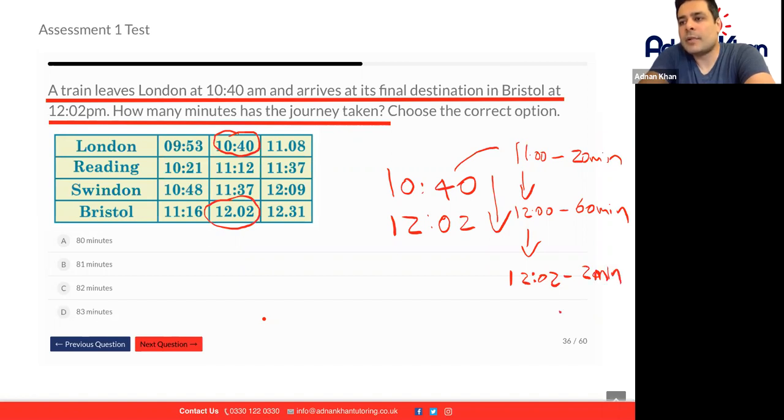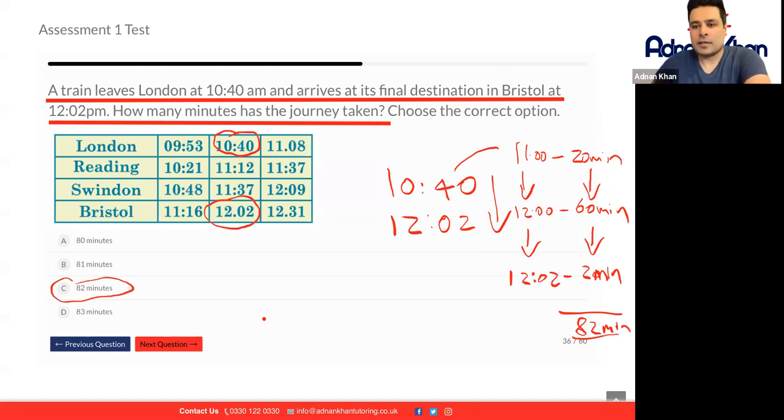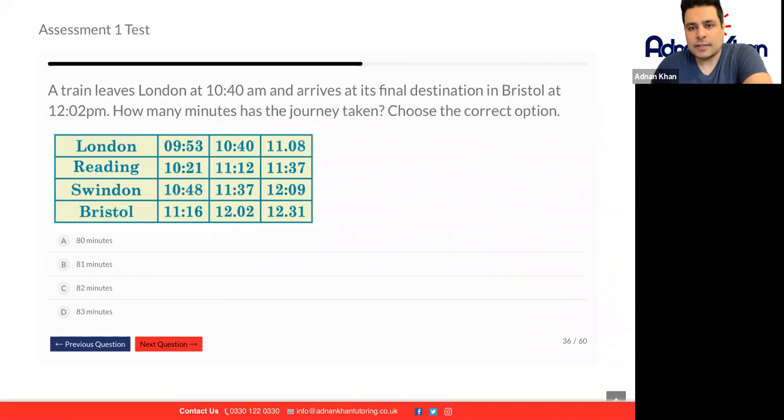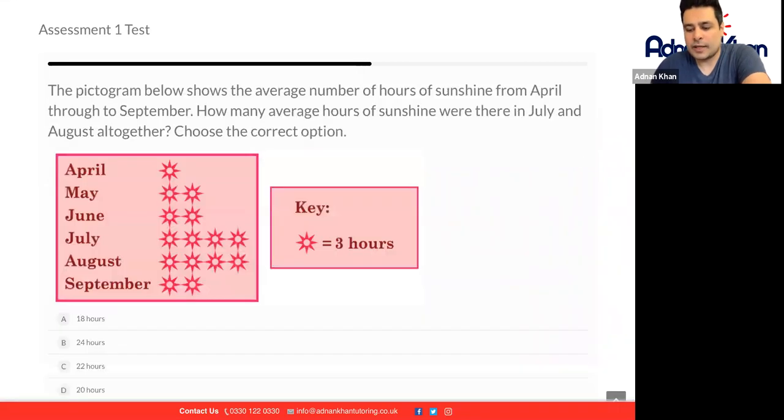Now let's add up this particular column. 20 minutes add 60 minutes is 80 minutes. 80 minutes add 2 minutes is 82 minutes. And 82 minutes will be our correct answer. Okay, so let's go for 82 minutes and move on to the next question.